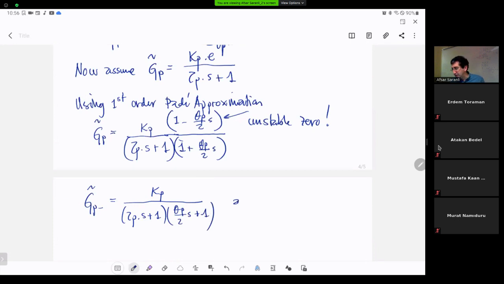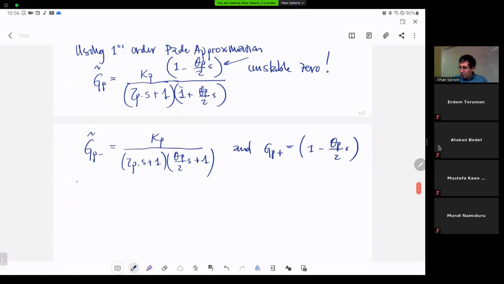And obviously GP plus, which we will not use, is equal to this remaining unstable part. All right. Let us choose r equal to 1 and see what happens.